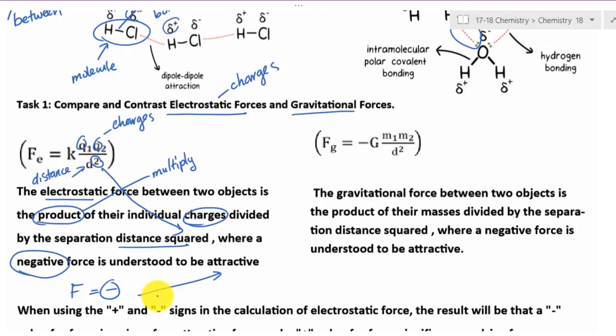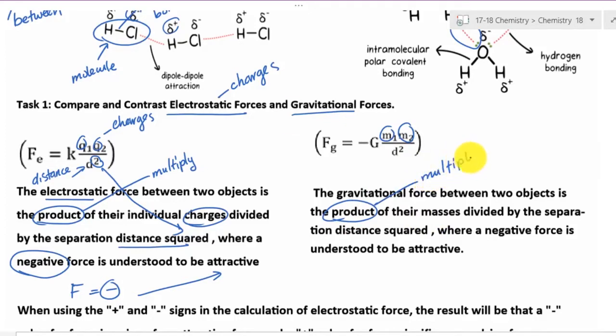Now let's look at gravitational. In this case, think of a planet or think of an object. Well, the planet's a little bit too big, right? But we can see that it is happening between two objects, and every object has a mass. And of course, the term product in math represents multiplication.